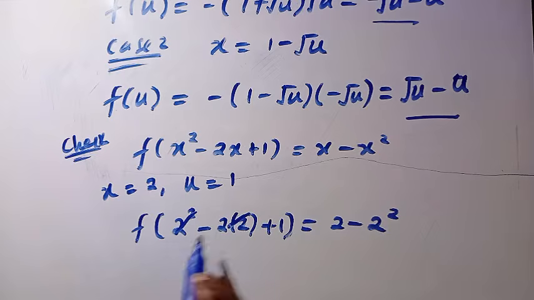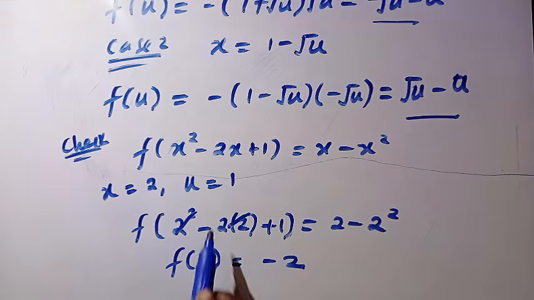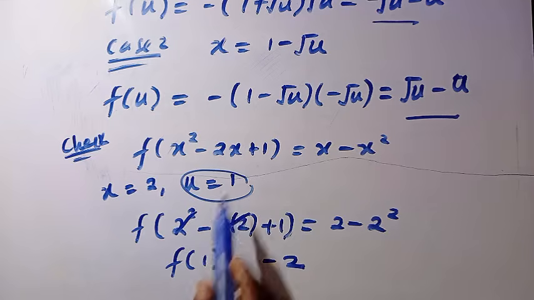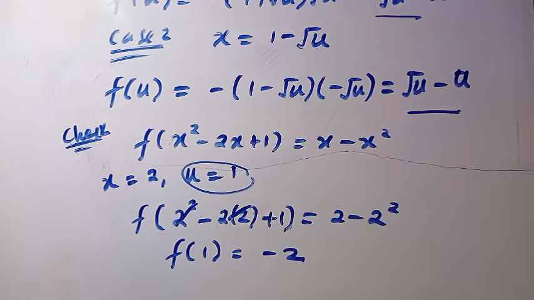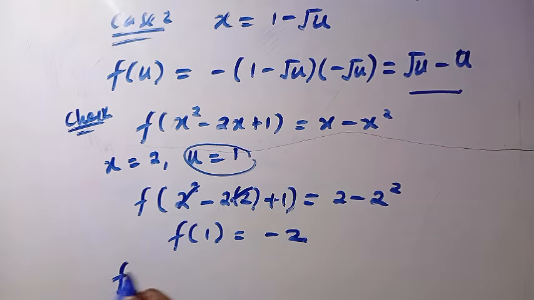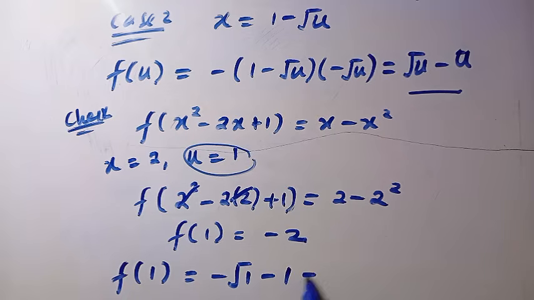And this cancels. We have only f of 1 equals minus 2. So this is where we get u equals 1 when x equals 2, and we have minus 2. Again, let's substitute into the first one, which is f of u. For f of 1, it equals minus square root of 1 minus 1, and this gives us minus 2.